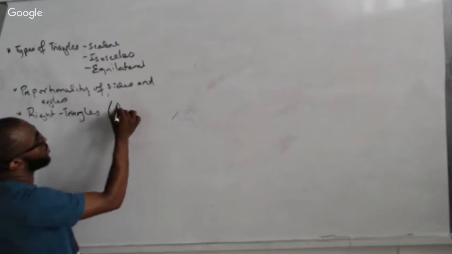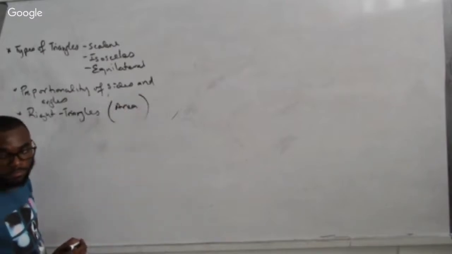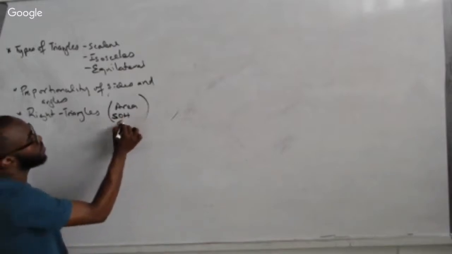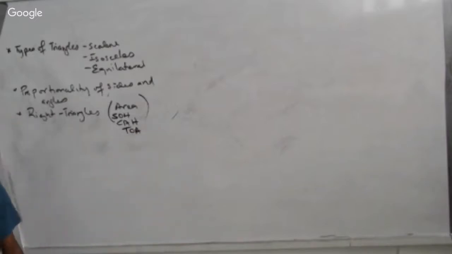What do we learn about right triangles? We learn about the areas. SOHCAHTOA, you shouldn't be looking into your book, you'd have studied it. Sine, cosine, tangent.